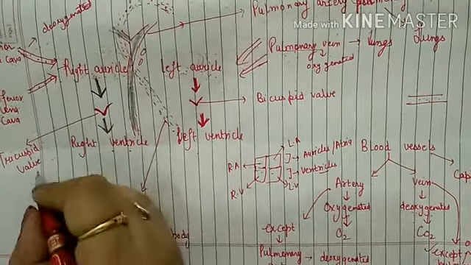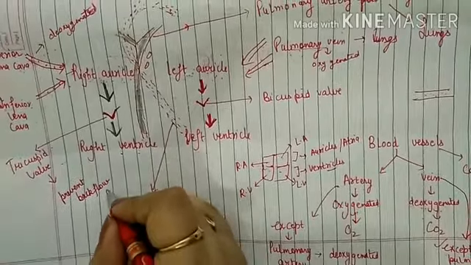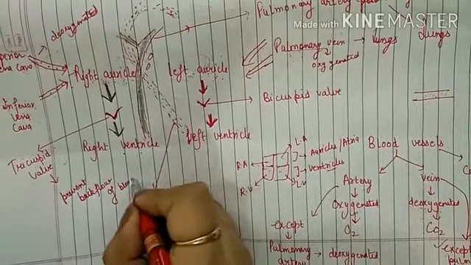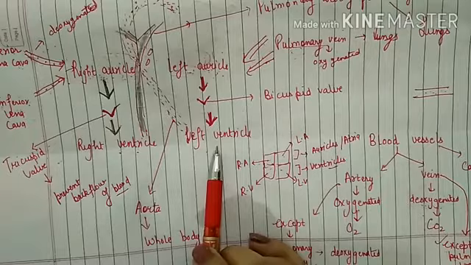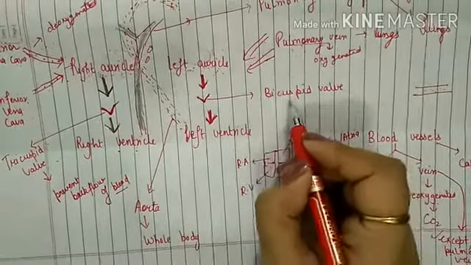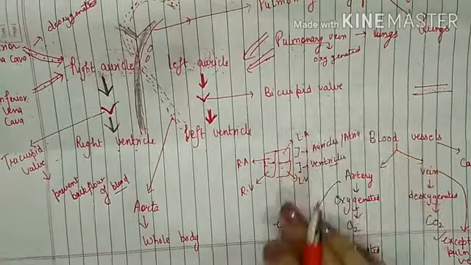The role of these valves is that they prevent backflow of blood. So the role of a valve is to prevent backflow of blood. Similarly, the blood from the left auricle will enter into the left ventricle, and here the valve is known as the bicuspid valve.